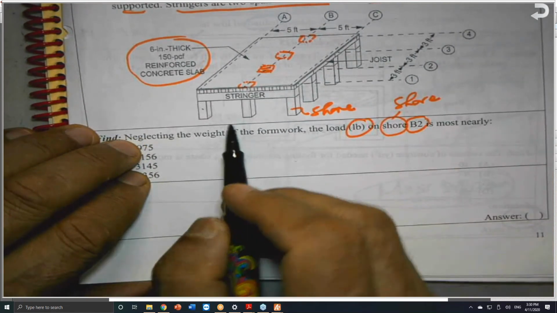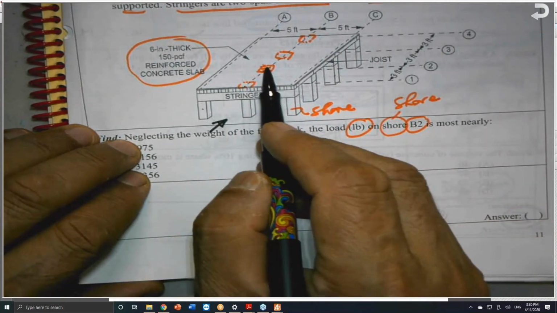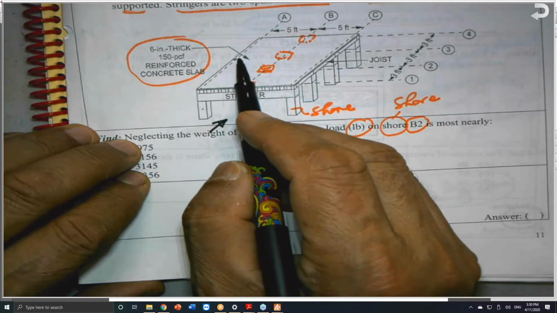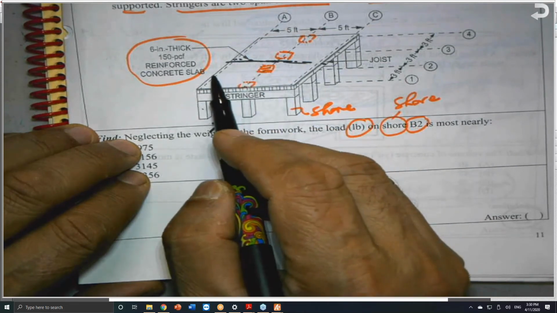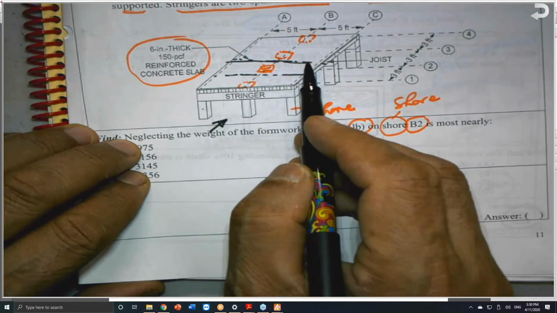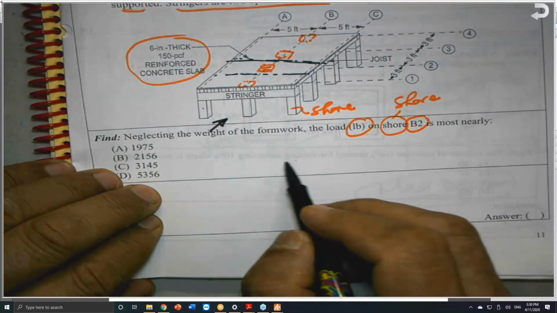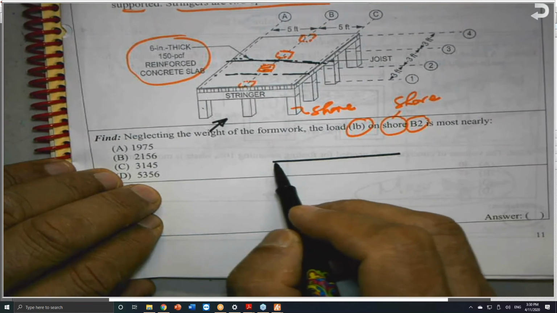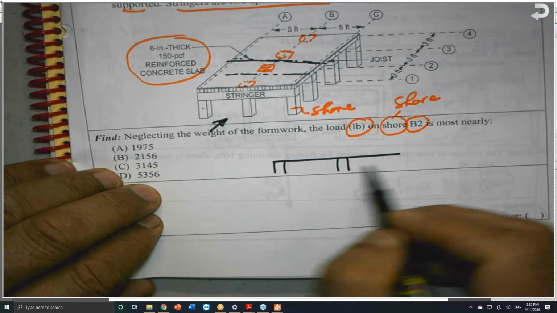If I look from this direction, this column here has this width between, and this width will be like this. This is the area I'm going to take out, and I'm going to draw it as a continuous beam. So I have a column here, and a column here, and a column here.